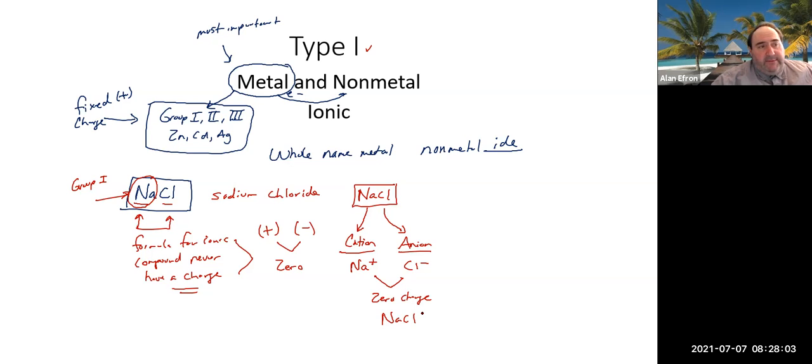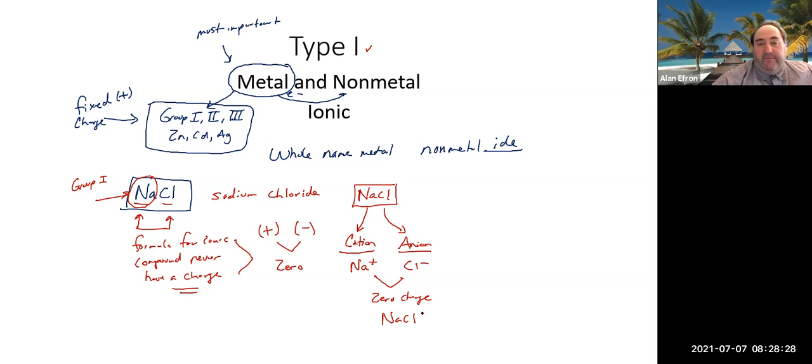Remember, as we talked about yesterday, ionic compounds are all empirical formulas. So the proper way to put an ionic compound together is not only to make sure you end up with a 0 charge, but it should always be the simplest way, the lowest common denominator if you will, of getting those ions together to equal 0.